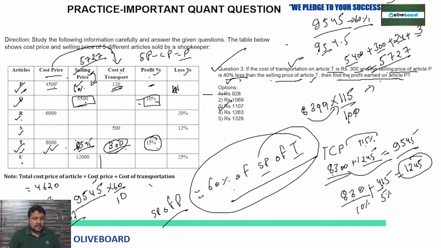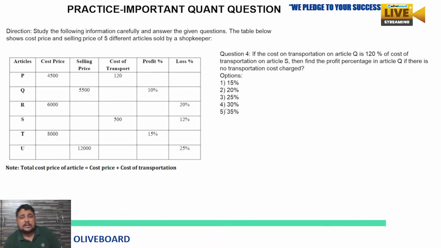Third. Clear? Vaishali, now is this clear? Be active. Now this one I am giving you as a homework. Fourth question.